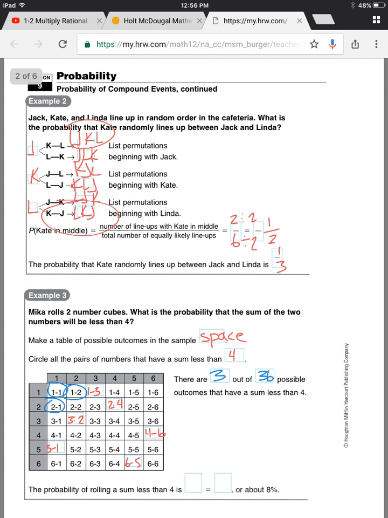So the probability of rolling a sum less than 4 is 3 out of 36, which we can divide each by 3 and get 1 over 12, or about 8%. They made another mistake in my teacher book and said it's 1 out of 9, but it's not, it's 1 out of 12.